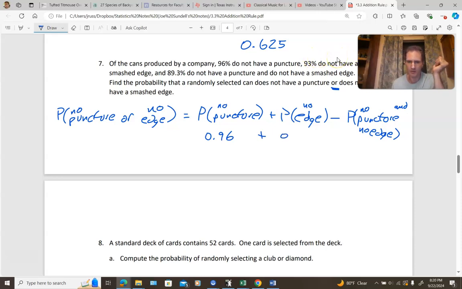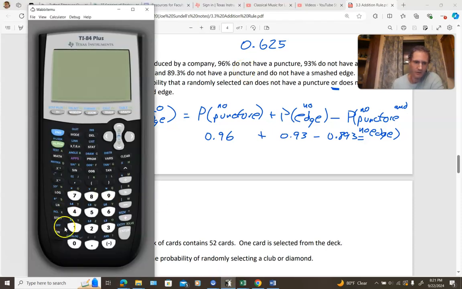So this is 0.93, minus, now this is the probability that they have neither a puncture nor a smashed edge, so 0.893 as a decimal. In other words, 89.3% of those cans are going to be perfect.